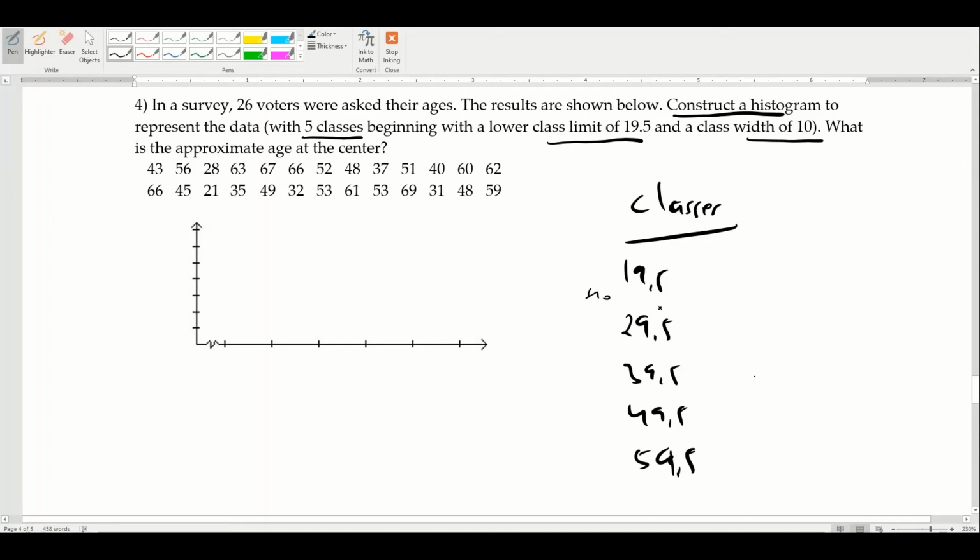Now, since these are lower boundaries, because that's what these actually are, we're going to use 29.5 as also the upper limit here, because for a histogram you're going to see why we want to do that.